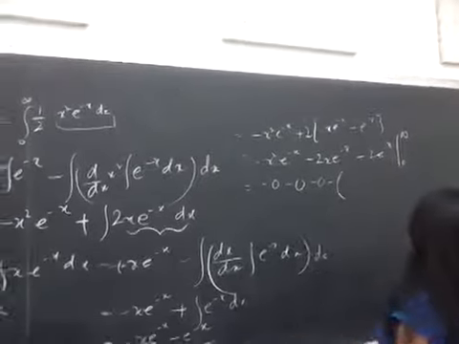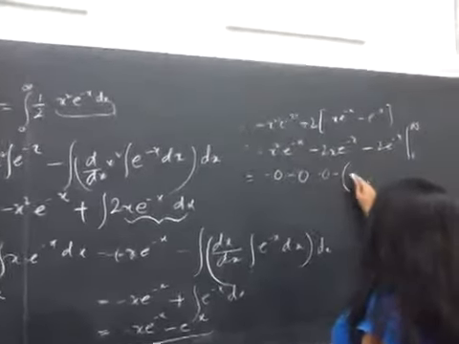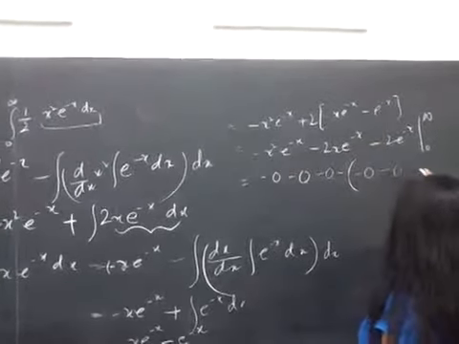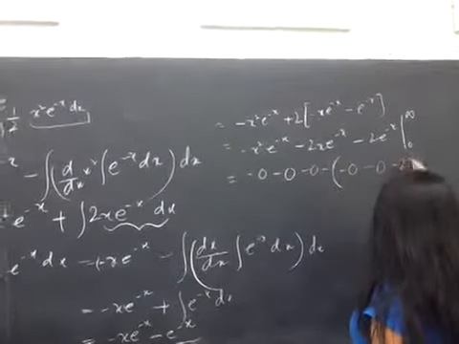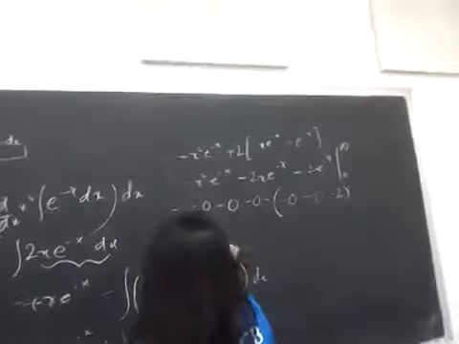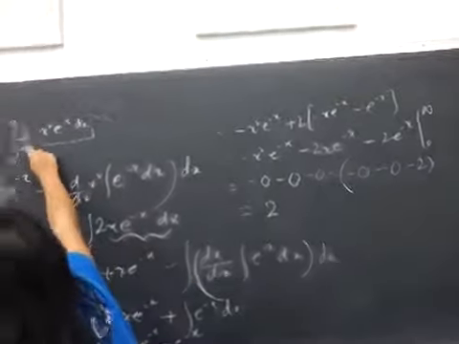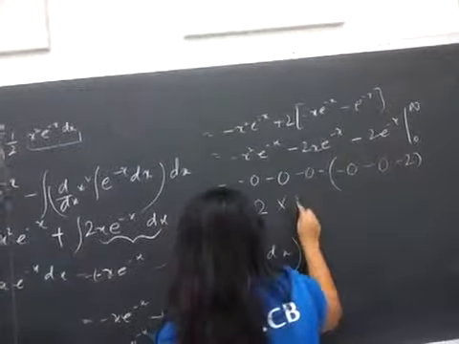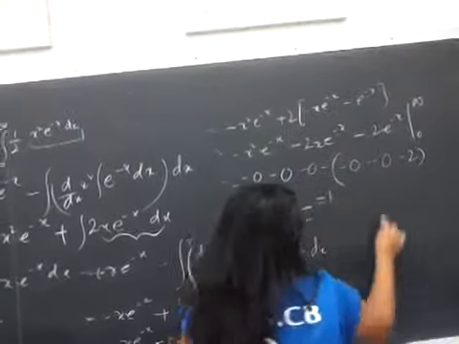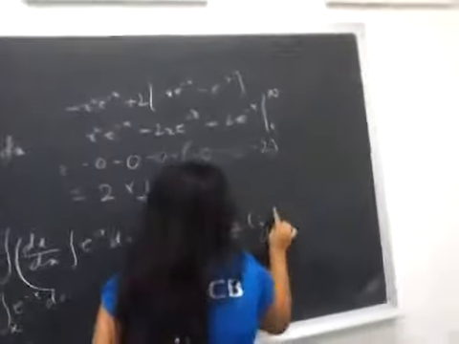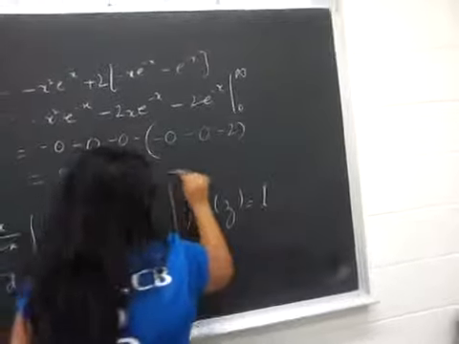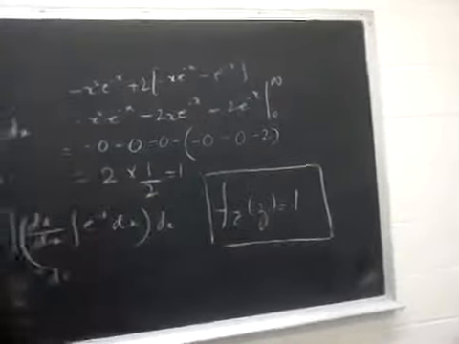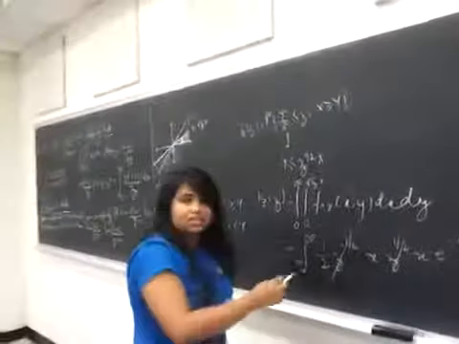Now, when I put 0 here, the answer comes out to be 2. And of course, we have half here. So the value of this entire integral becomes 2 times 1 by 2, which is equal to 1. So we get F_Z(z) equal to 1, which of course makes sense because this partition is not contributing anything. So that's how you solve the question.